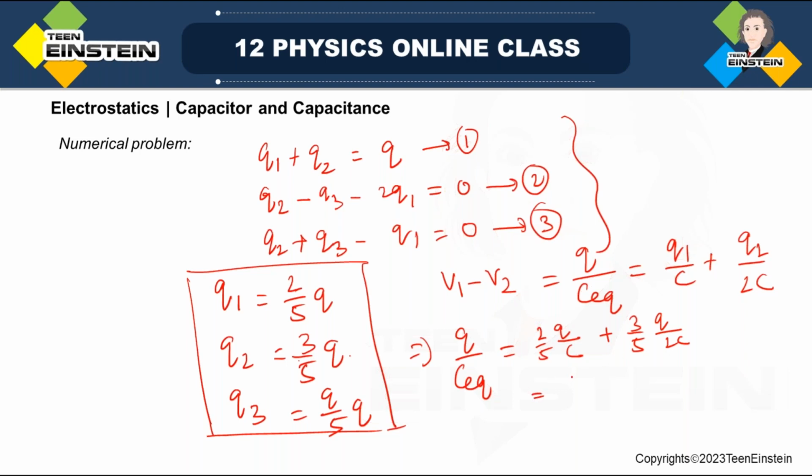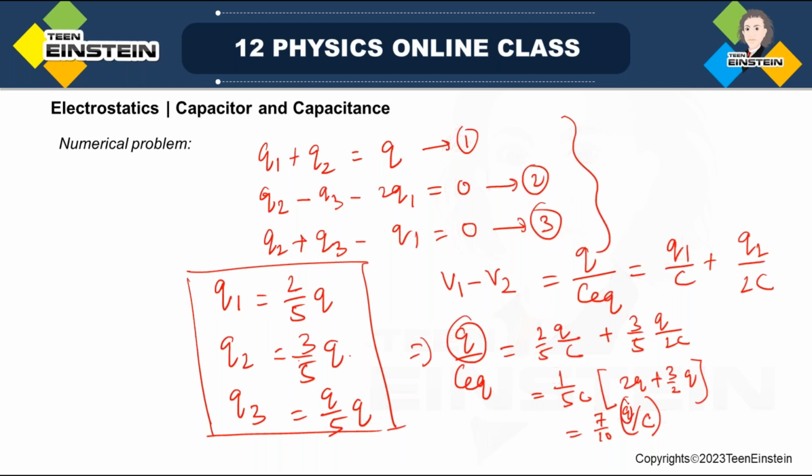Okay, let me take 1 over 5C common. Then what we get? 2Q plus 3Q by 2, right? This is 7 by 2. So 7 by 10 Q by C. Okay, so total Q by C. You can see that this is Q by C. So Q and Q can get cancelled from both sides.